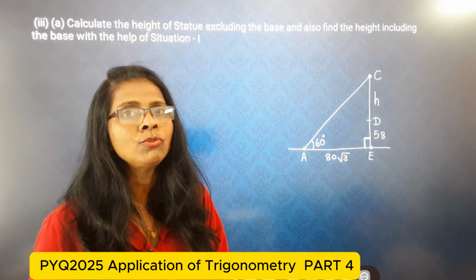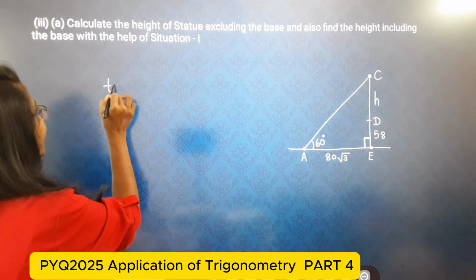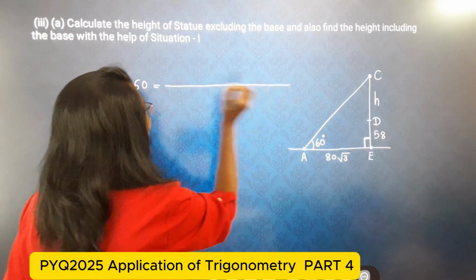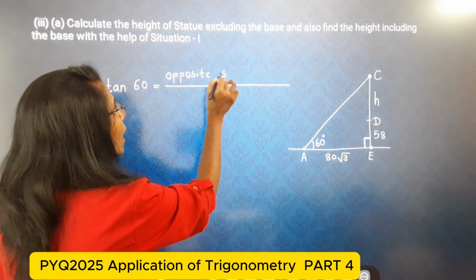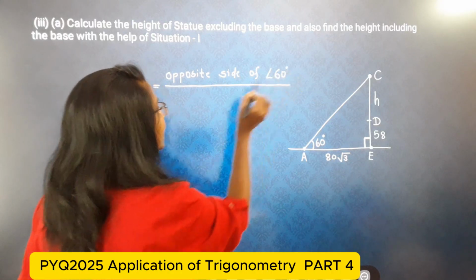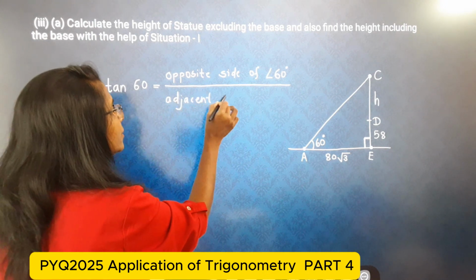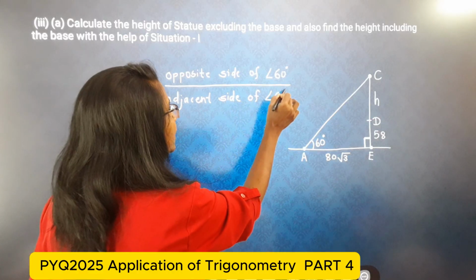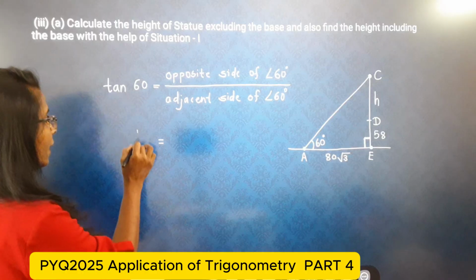So we use the tan ratio, and the angle is 60. So here tan 60 is equal to the opposite side of angle 60 degree divided by the adjacent side of angle 60 degree. So now here students, tan 60 is root 3.